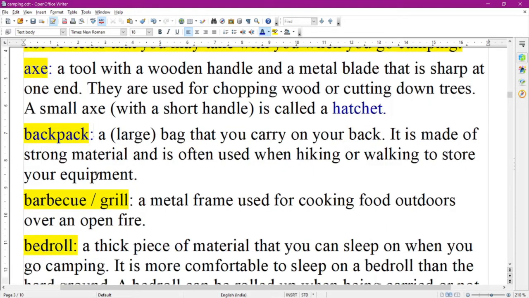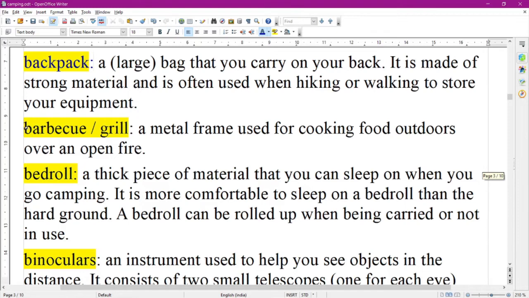Backpack. Now barbecue or grill, which means a metal frame used for cooking food outdoors over an open fire.